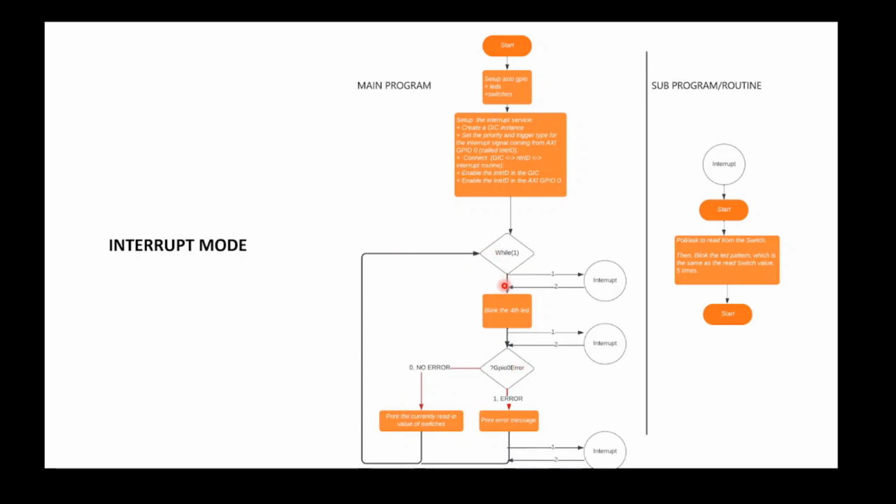However, because we set up the interrupt service for our main program and the switches, whenever we change the position of a switch, an interrupt signal is sent to our main program, and then the main program will detect that signal.